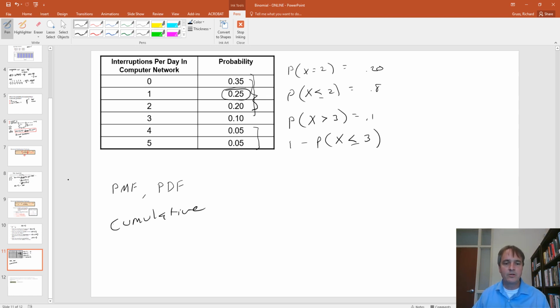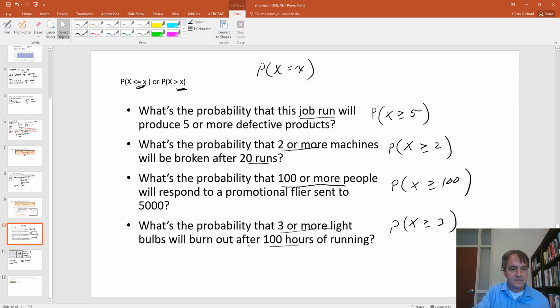Now, rather than go and show you the CDF, the cumulative distribution function of the binomial formula, I'm just going to make you aware that it is available to you, and I'm going to show you the difference between these two ways of solving, the exact and the cumulative.